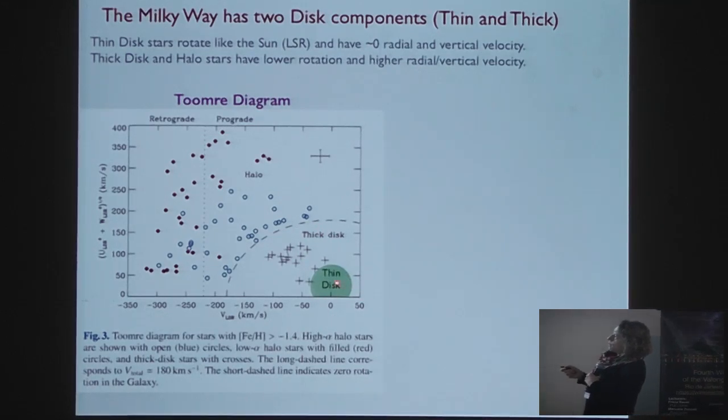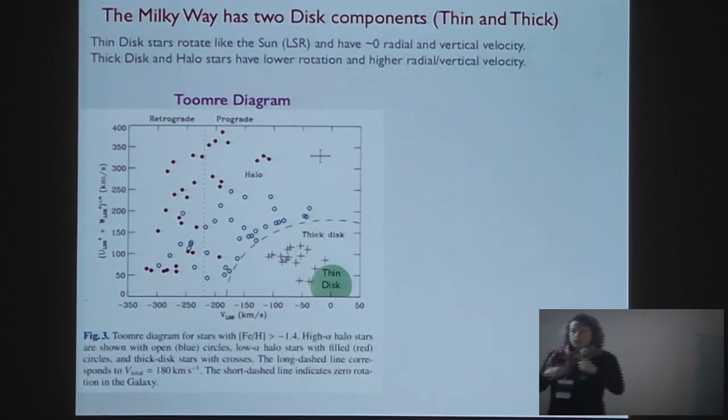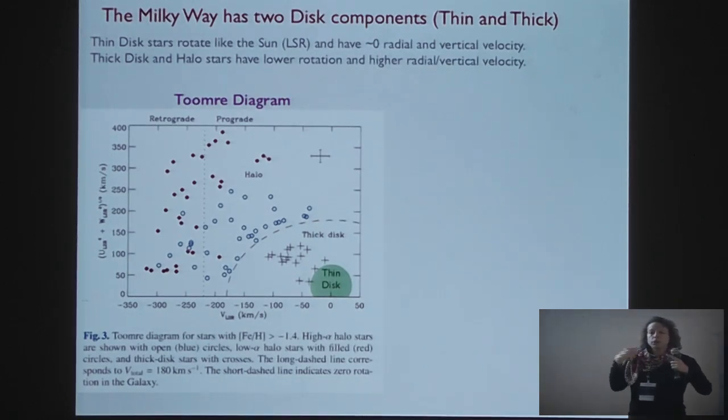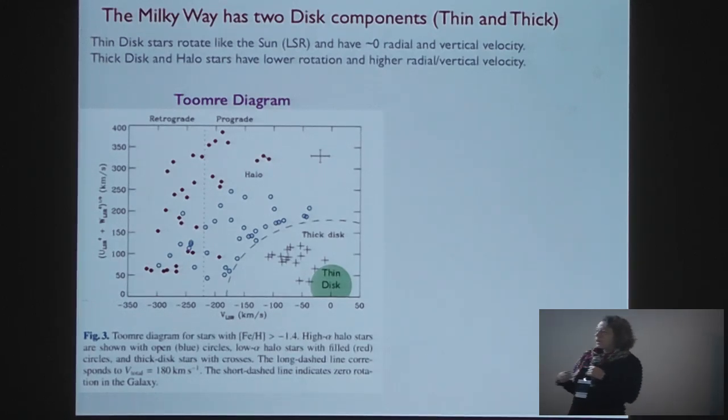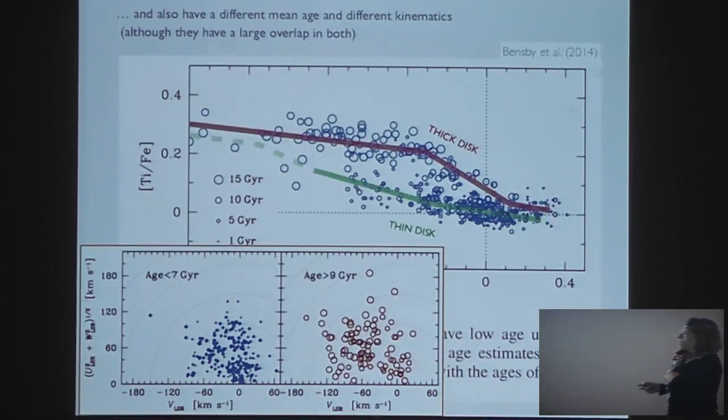And stars that have lower rotation velocity and higher transverse velocity could be associated to the other components. So to components that move more, have more disordered motions, and so they don't stay really in the disk. They get farther and farther away from the disk. This was just for you to remember the diagram because Thomas Bensby constructed the same diagram for the two samples.